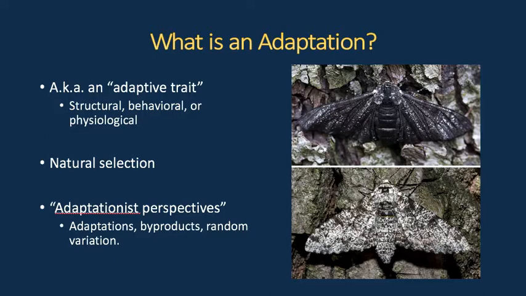Someone with this adaptationist perspective is going to perform research by trying to distinguish adaptations from byproducts or random variation. So they would be looking at traits of organisms from the lens of what kind of natural selection process led to that trait.